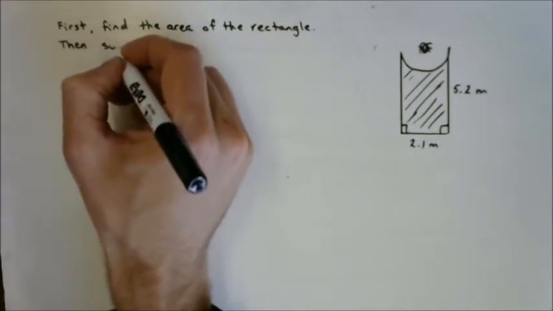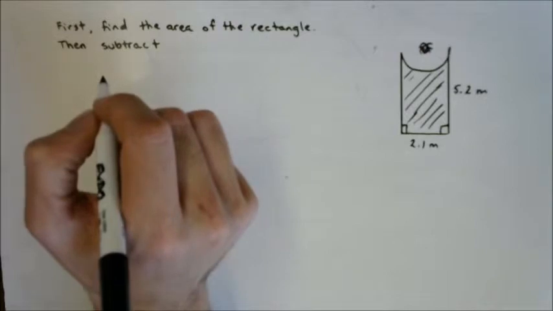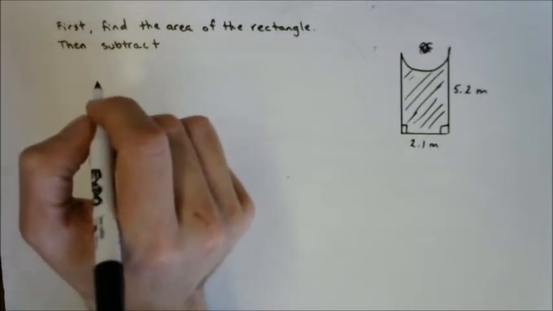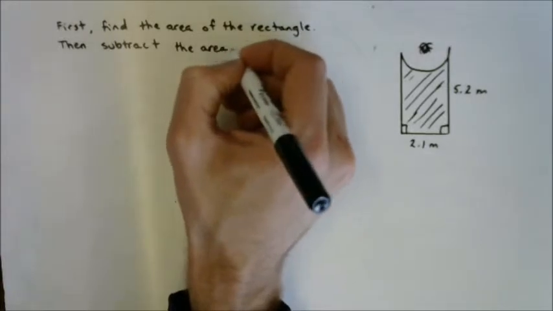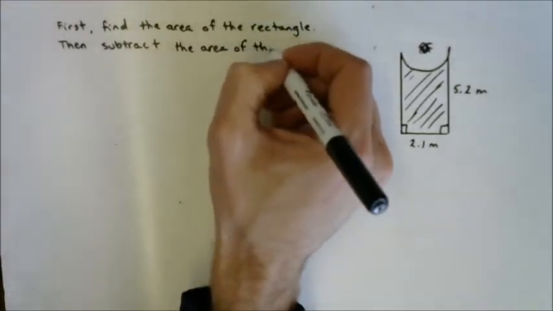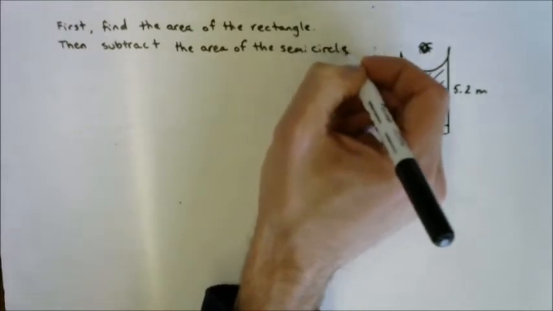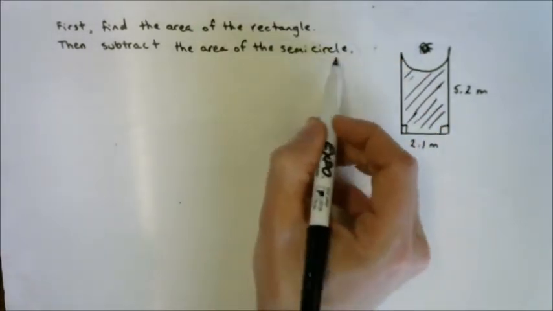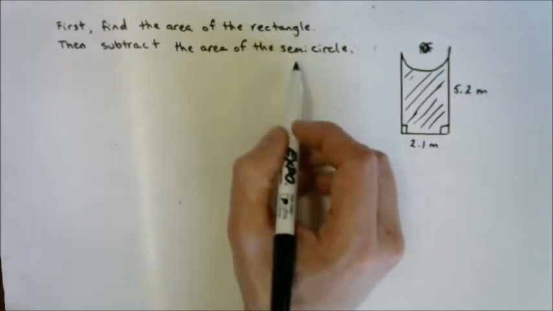Then subtract the area of the semicircle. So in that word semicircle, you're realizing that you're going to find the area of the circle and then cut it in half, right, to get the area of a semicircle.